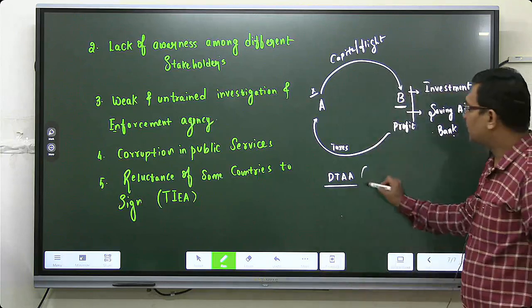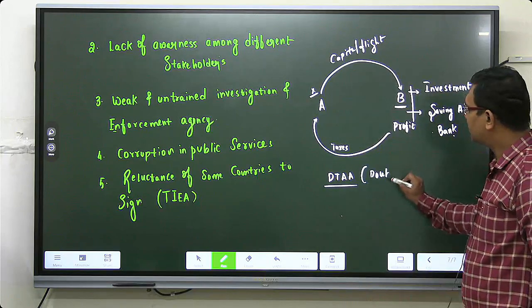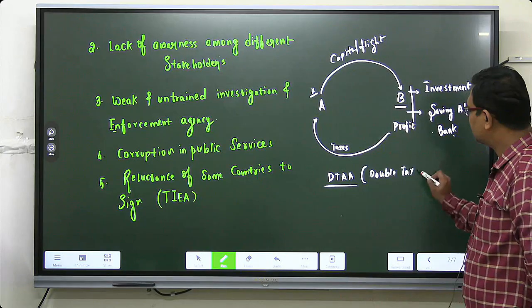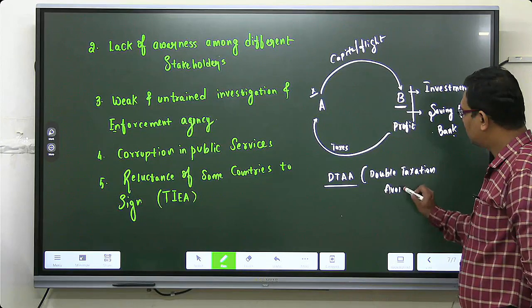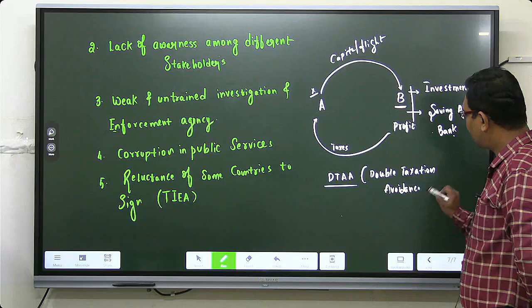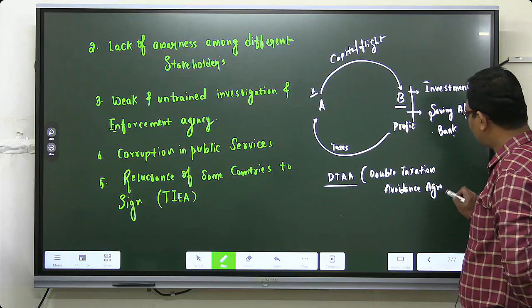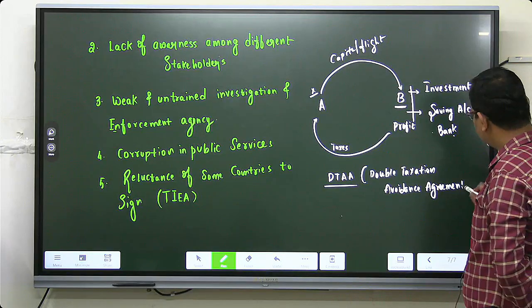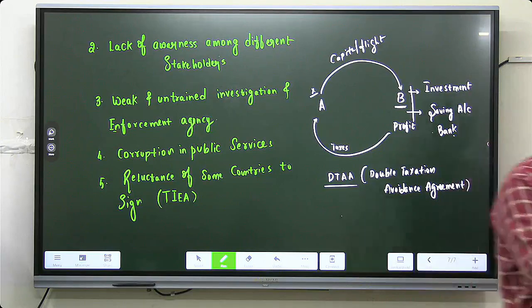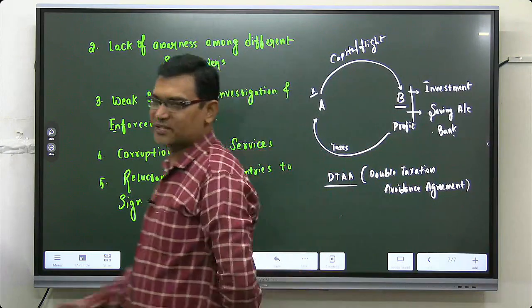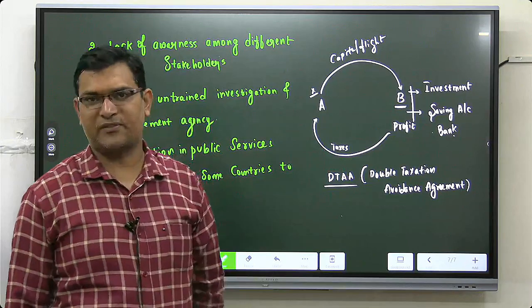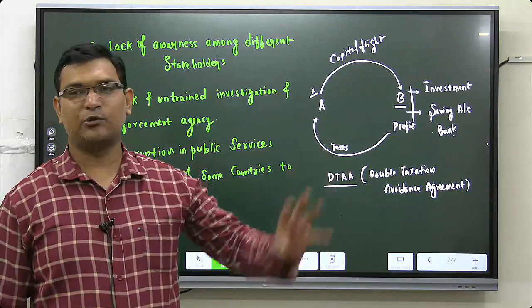It is called the double taxation avoidance agreement. So what is it? For example, I'm a professor working in one university.